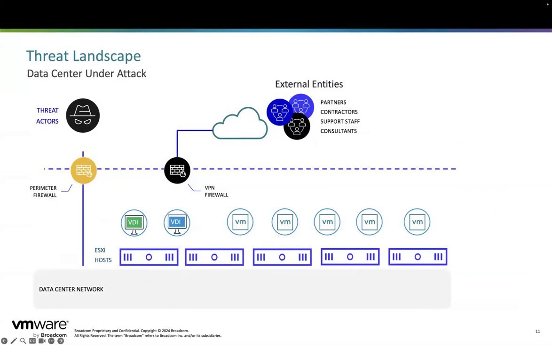So that data center under attack, all of the different points that threat actors want to be able to get through and get to, whether it's partners, contractors, support staff, consultants.